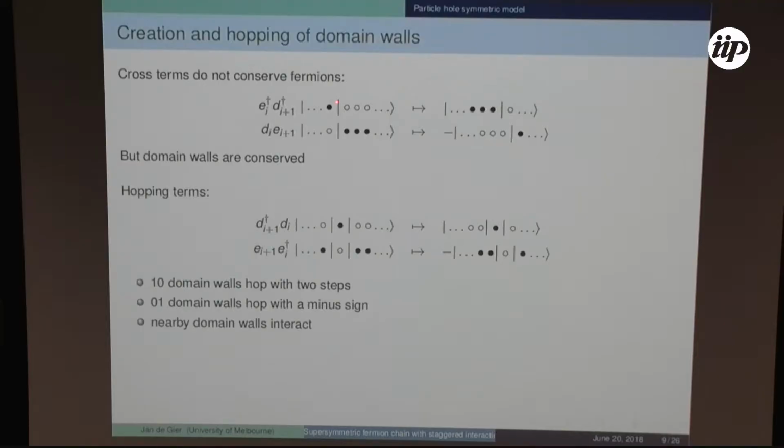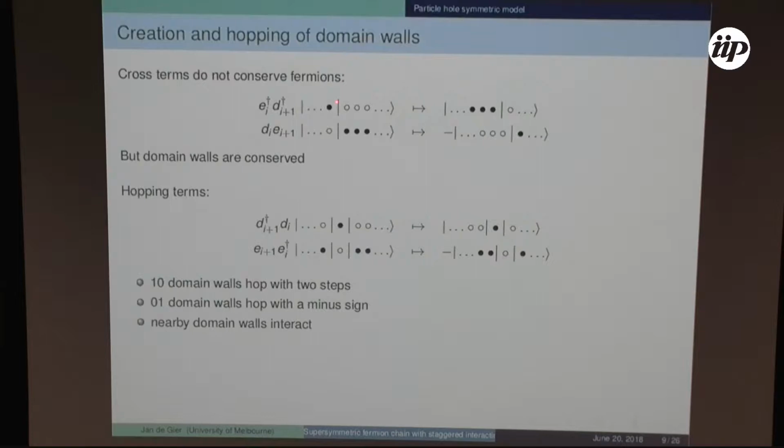So just to show you what these operators do, here's a configuration of the original fermions, and let's say I want to act on it with one of these mixed operators. Let's have a D dagger J. So I'm trying to create a fermion over here, and then after I've created a fermion over here, I can insert a fermion over there with E dagger.